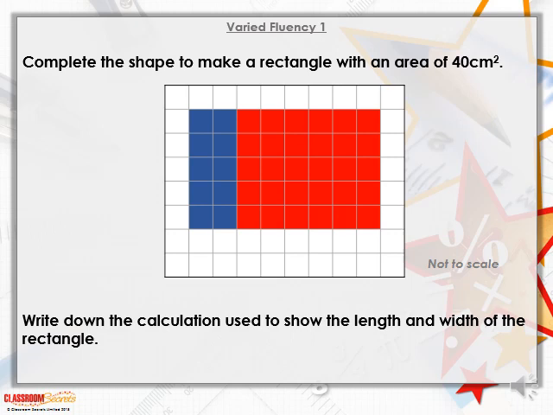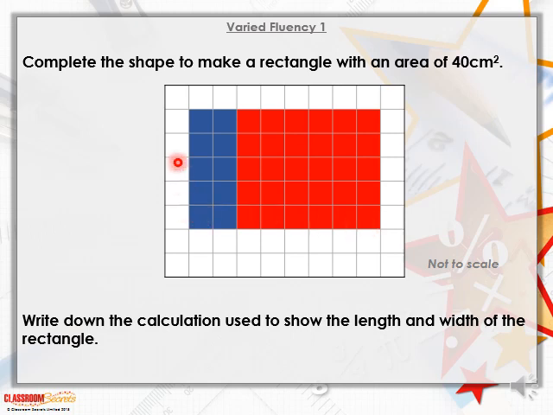The second part of this question asks us to write down the calculation used to show the length and width of the rectangle. So now we've got to count the sides. 1, 2, 3, 4, 5. 1, 2, 3, 4, 5, 6, 7, 8.